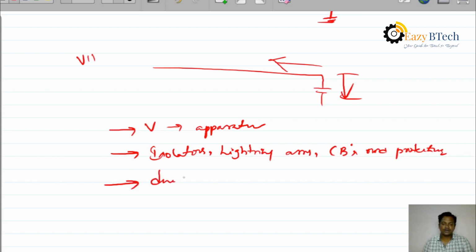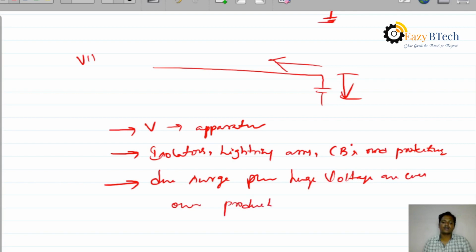Due to the surge phenomenon, a huge amount of voltage is available across our protecting devices, so we have to design those protective devices to withstand that huge voltage. Next, the span of these surge voltages is very short.